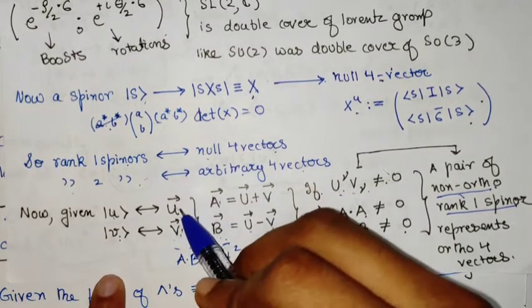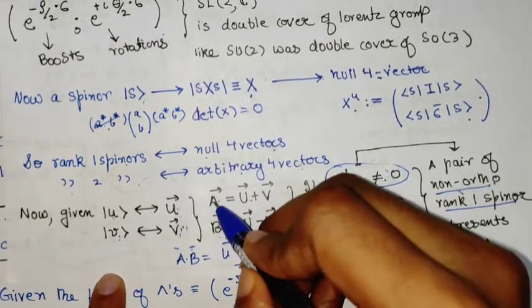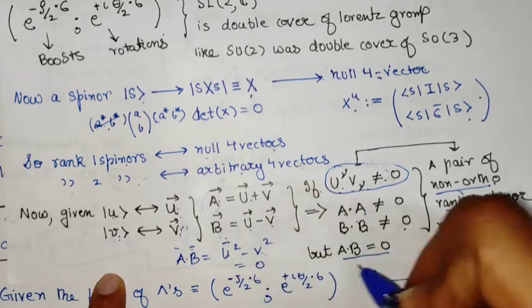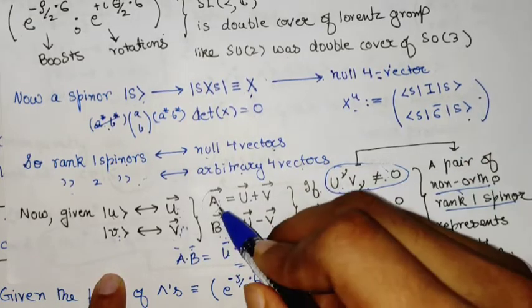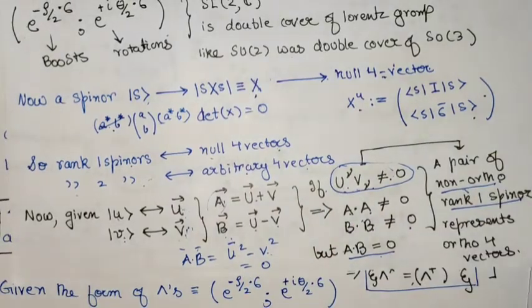So given these non-orthogonal, we are guaranteed that A dot B is 0, but A and B both are not null vectors. So that's all for this video.